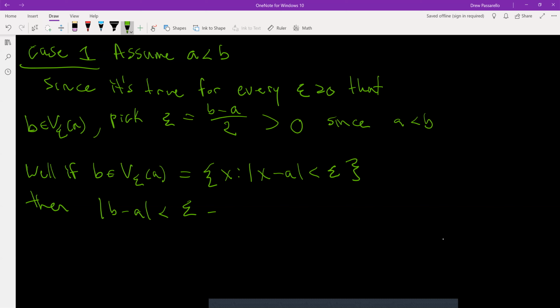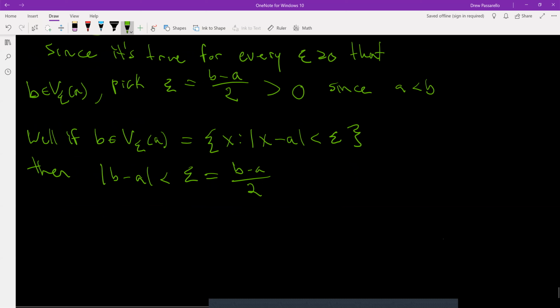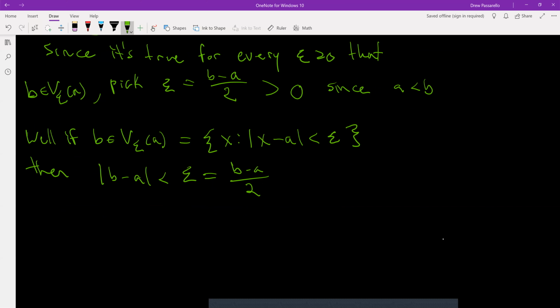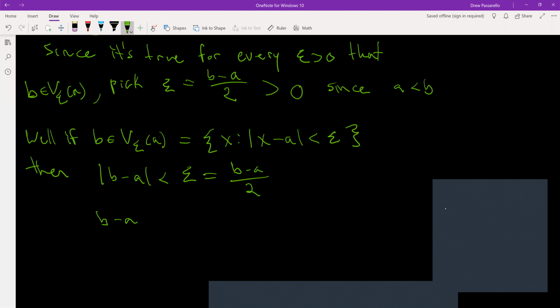So in this case, the epsilon I chose is b minus a over 2. Well, we know that the absolute value of b minus a is just b minus a because of the definition.